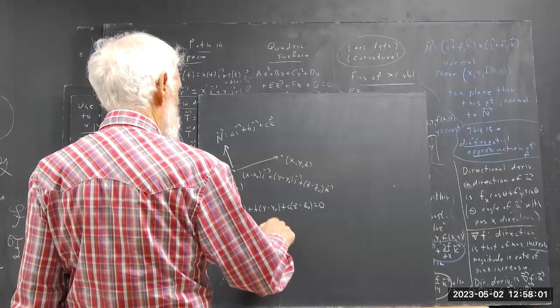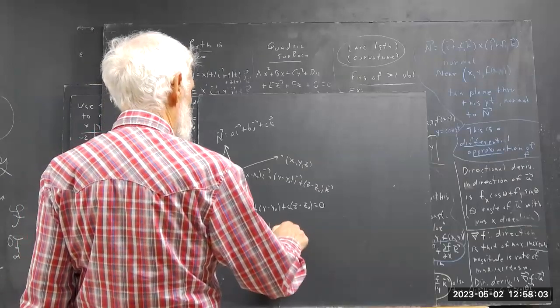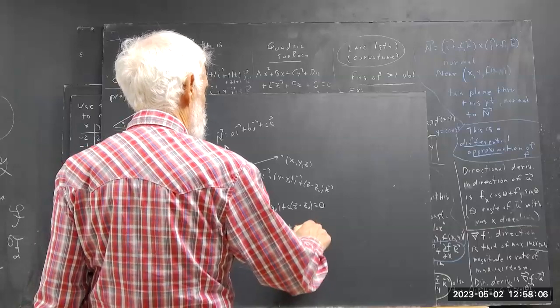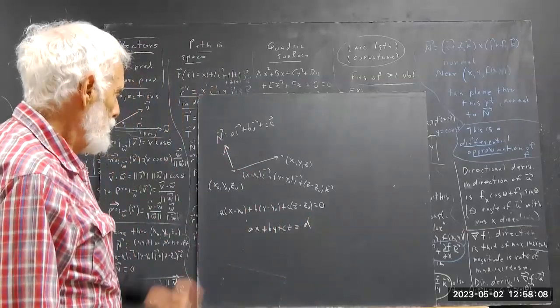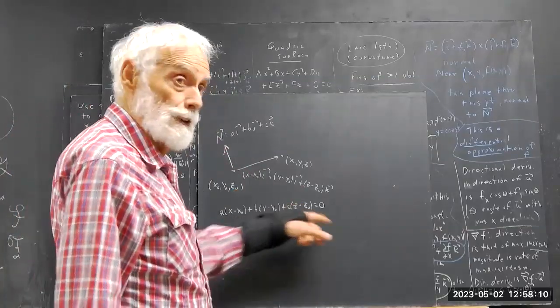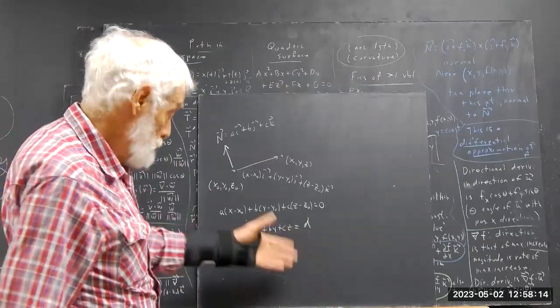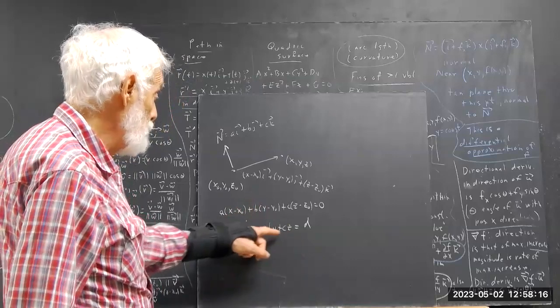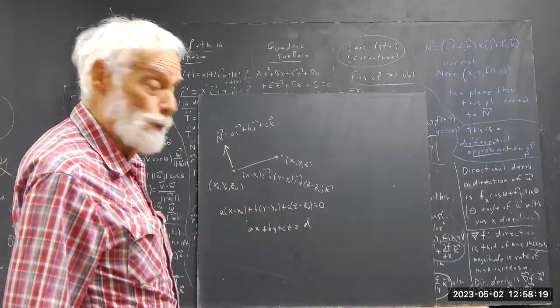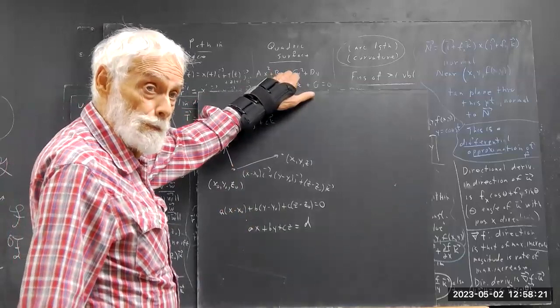So, AX plus BY plus CZ equals D, where D is AX naught plus BY naught plus CZ naught. If you have the equation in this form, you just read off the normal vector.